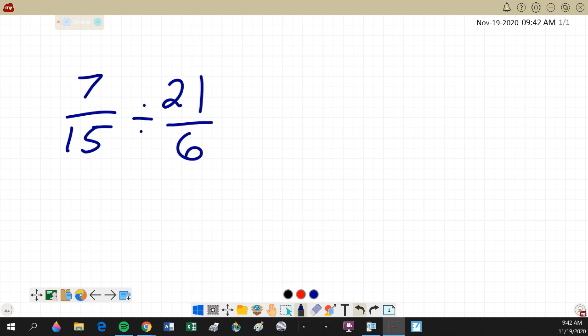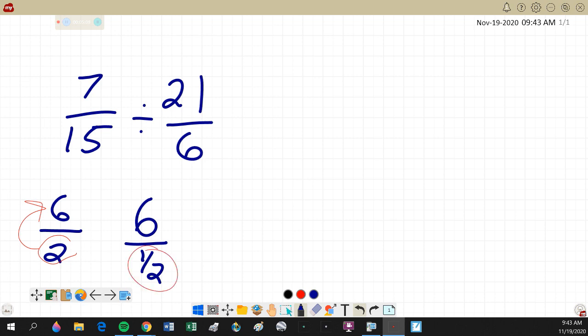Well, if I had 6 and I divided it by 2, that's just asking how many 2's are inside 6? 3. Okay. What if I had 6 divided by 1/2? How many 1/2s are there in 6? 12. Okay? And the way you do this is you take this fraction and you flip it upside down and you multiply.